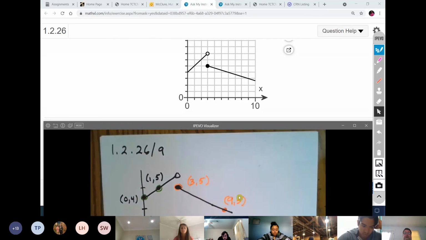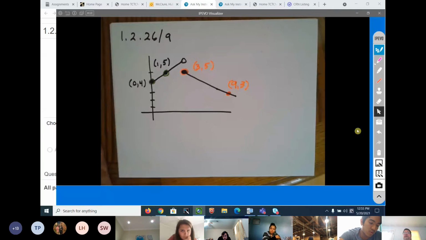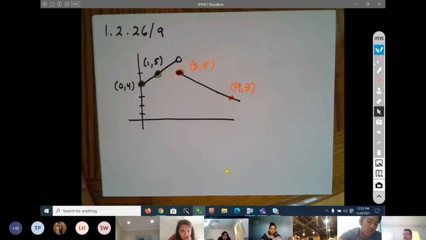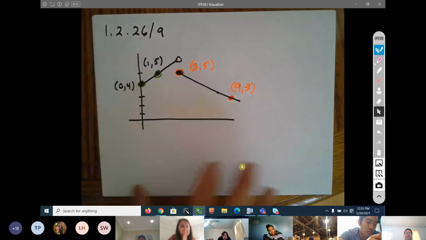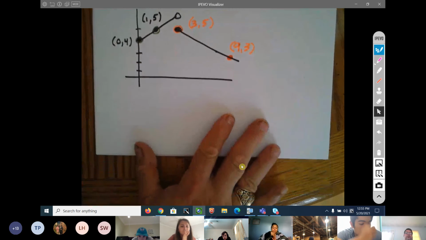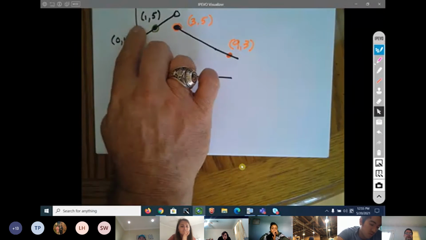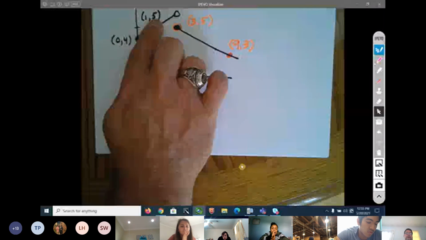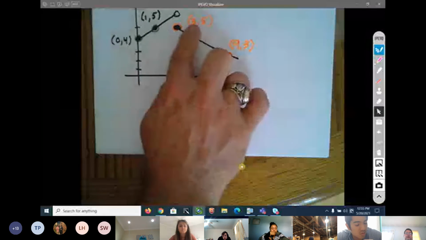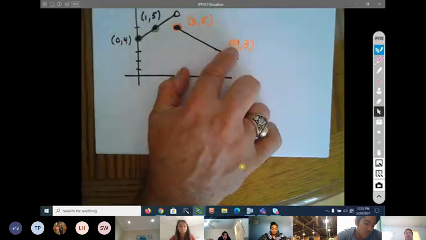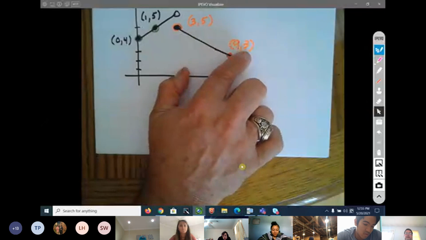Now, the first thing you do when you have this problem is you find 2 good points on each line. So this is x sub 1, y sub 1. This is x sub 2, y sub 2. This is x sub 1, y sub 1. This is x sub 2, y sub 2.